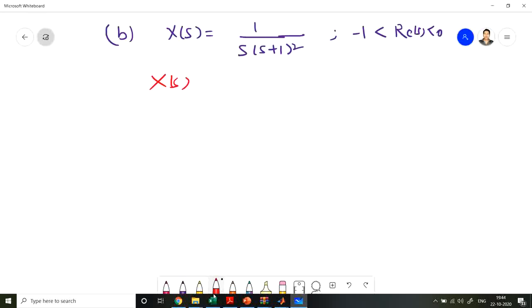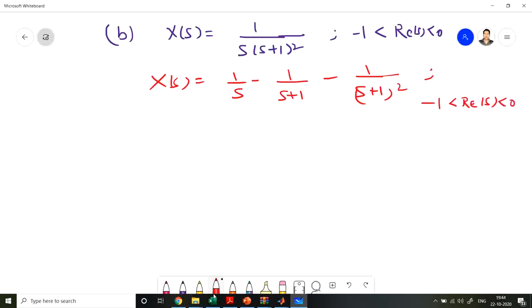Xs is the same: 1 divided by s, minus 1 divided by s plus 1, minus 1 divided by (s plus 1) whole square. And the ROC is minus 1 less than real part of s less than 0.